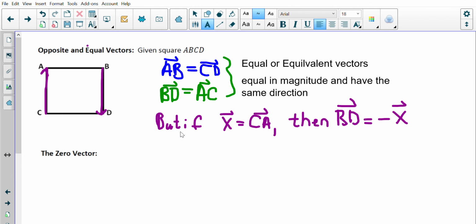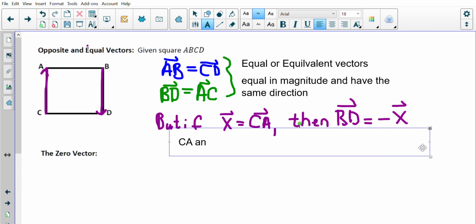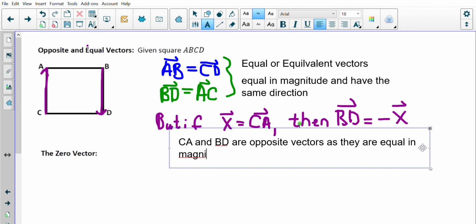So they're equal in magnitude. I'd say that they are opposite. So CA and BD are what we call opposite vectors, as they are equal in magnitude, again length, but opposite in direction.